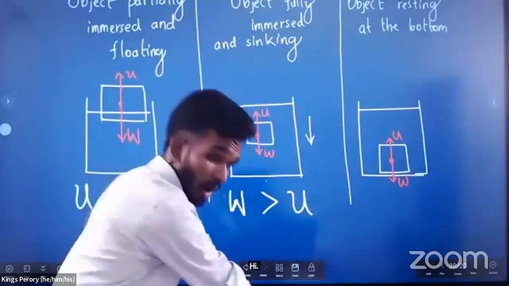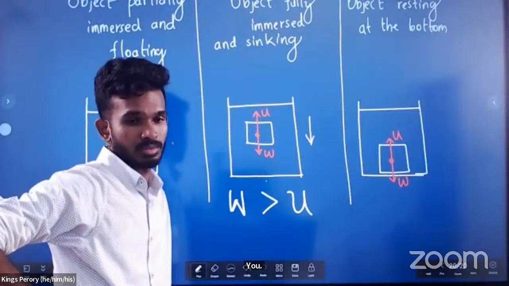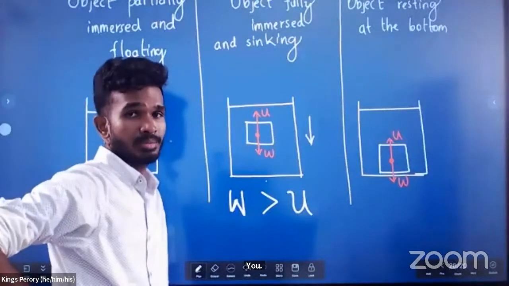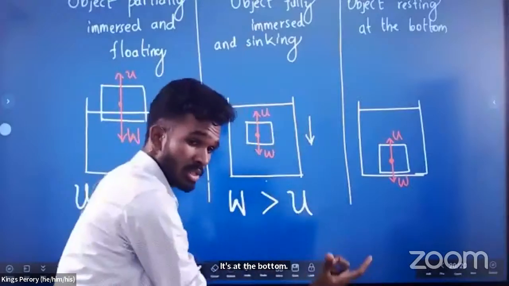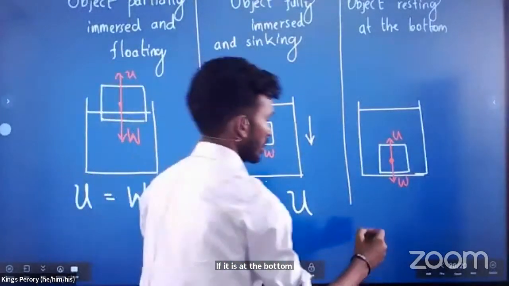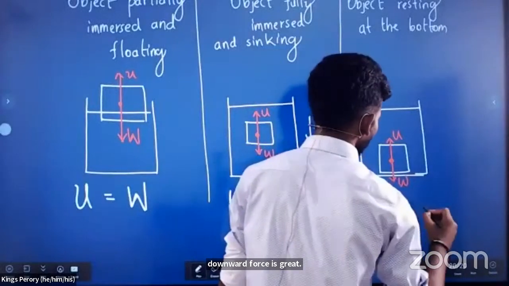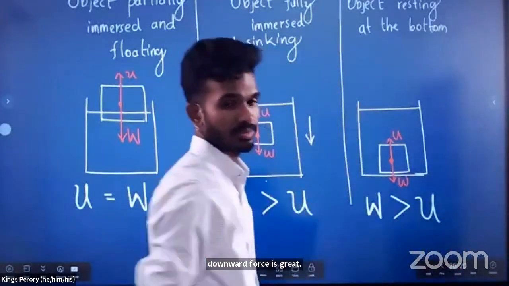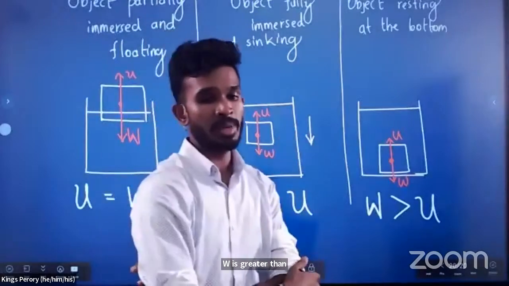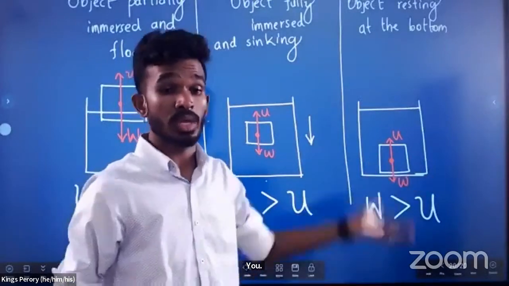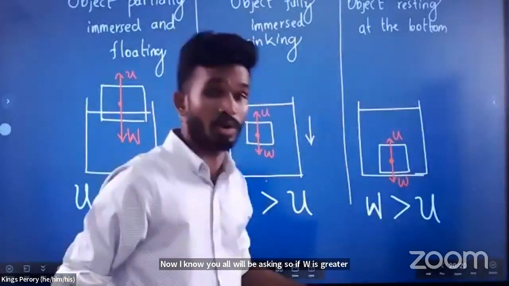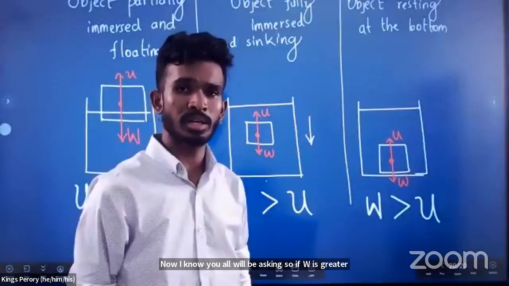It's at the bottom. If it is at the bottom, still, which force is greater? W, the downward force, is greater than U. Now I know you all will be asking, if W is greater than U, it should break the vessel and come out, no? Practically think.